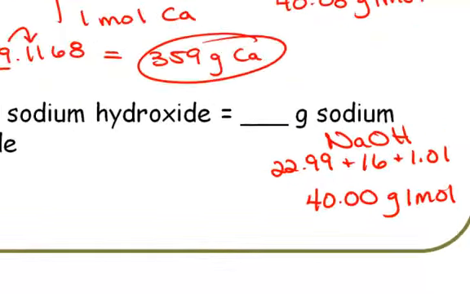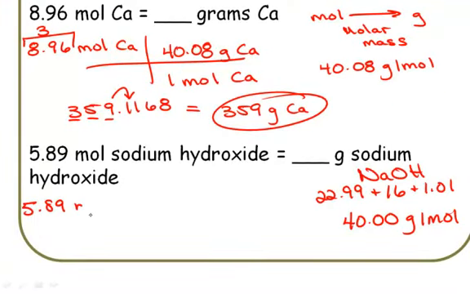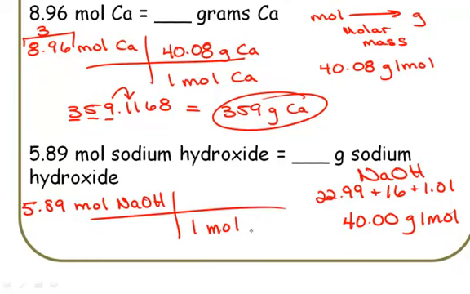So, starting with 5.89 moles of NaOH, I'll put my 1 mole of NaOH on the bottom, and my 40.00 grams of NaOH on the top.